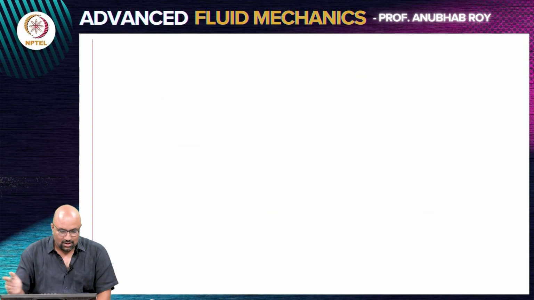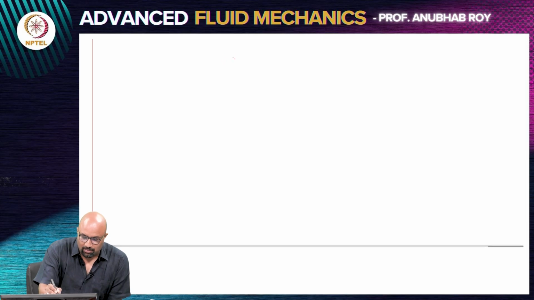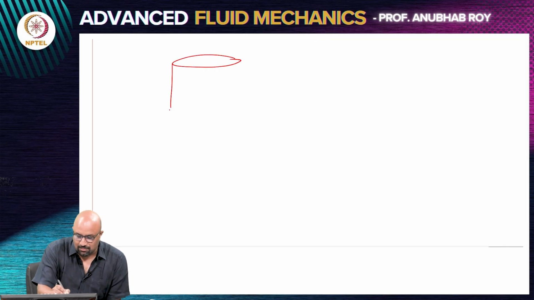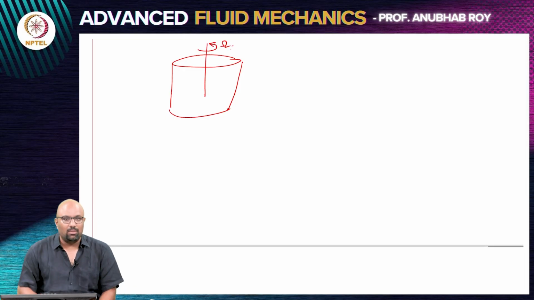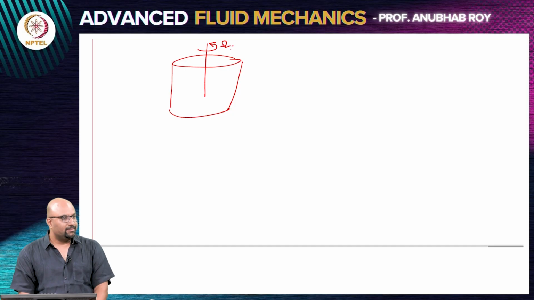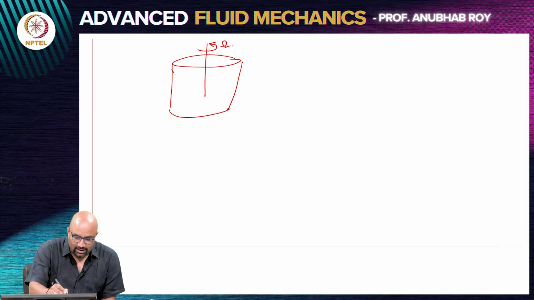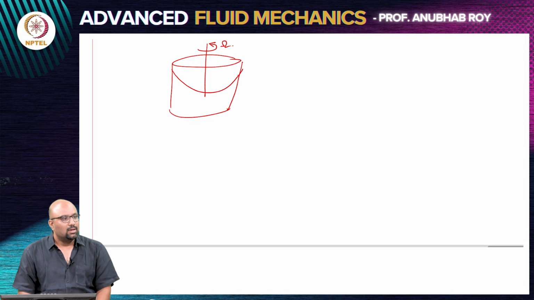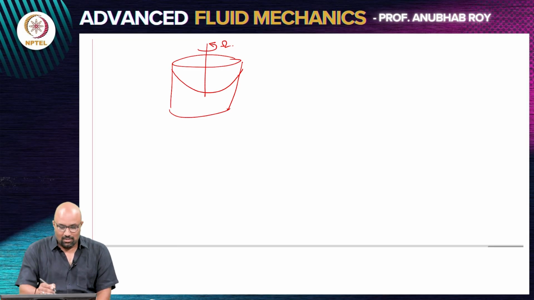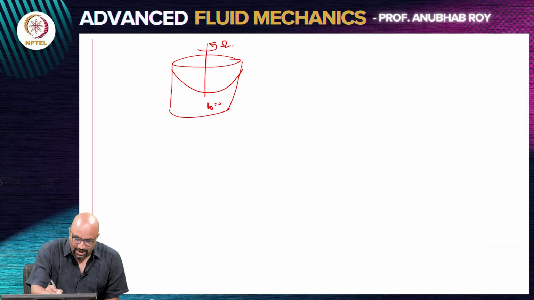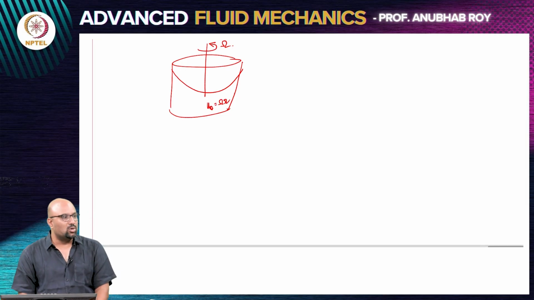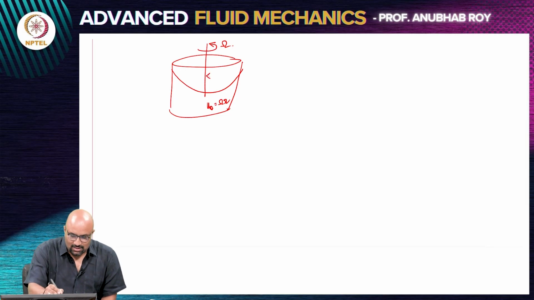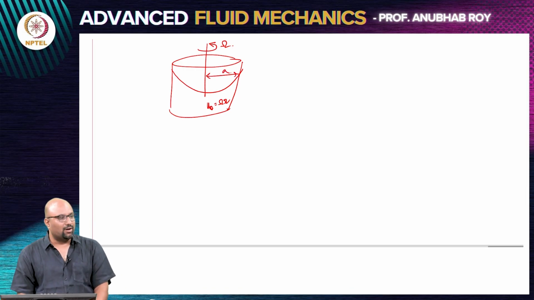So I'll just close by encouraging you to look at the problem that we have discussed several times so far. That is the problem of a rotating cylinder. When you have a rotating cylinder, we know that there will be this paraboloid shape. We have worked all of these things out because the fluid is moving like a rigid body, u theta equals omega times r, and this is a cylinder of radius a.